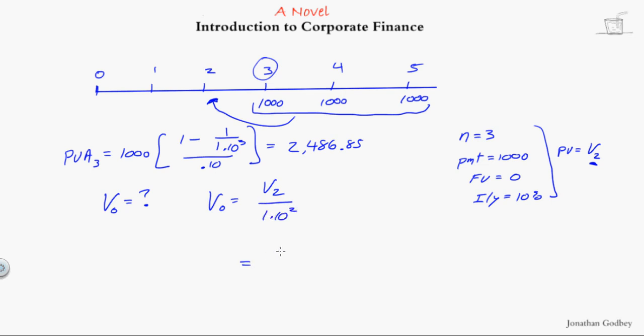So that is 2,486.85 divided by 1.10 squared, which is equal to 2,055.25. Okay, so now we're at present value annuity problems, and some people will use the term deferred annuity, the annuity that starts in some future time period.